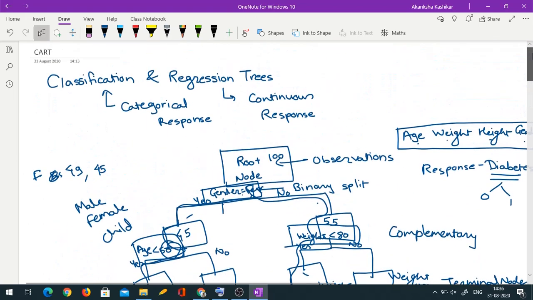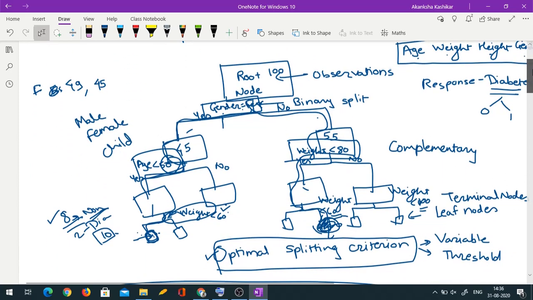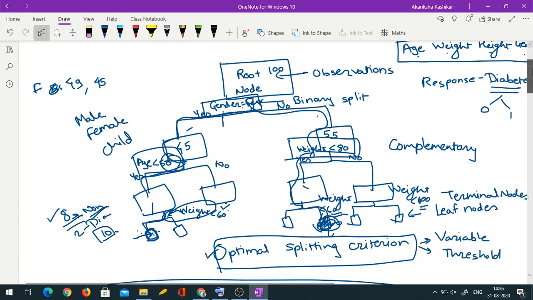We'll be starting with decision trees, which are known as classification and regression trees, because they can be used for classification as well as regression. And this is the basic tree structure. I hope you at least know now how a tree works.